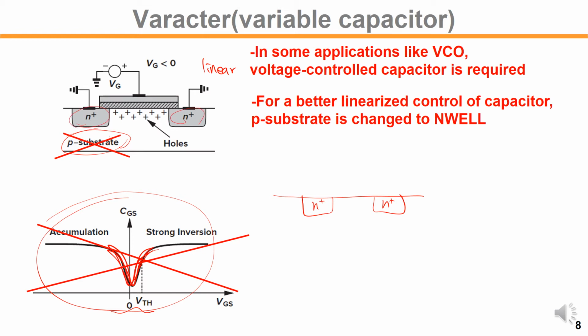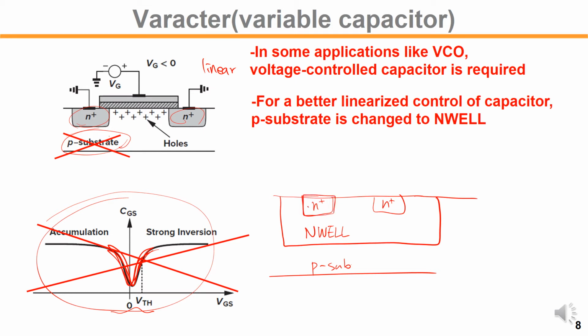So we make an N-well here, and we draw the annular. Typically an N-well is used for PMOS devices. Here the N-well and this diffusion were P plus, but now we are using N plus. So everything is N type on this, and then we put a gate here.